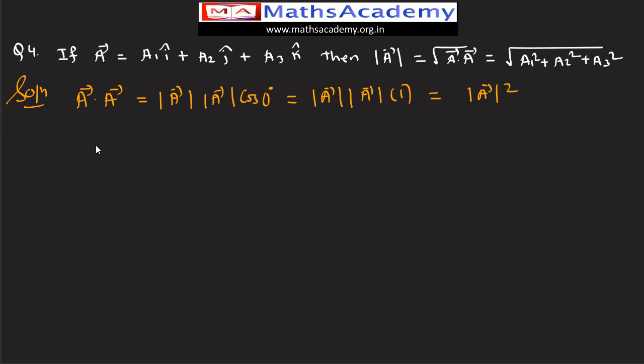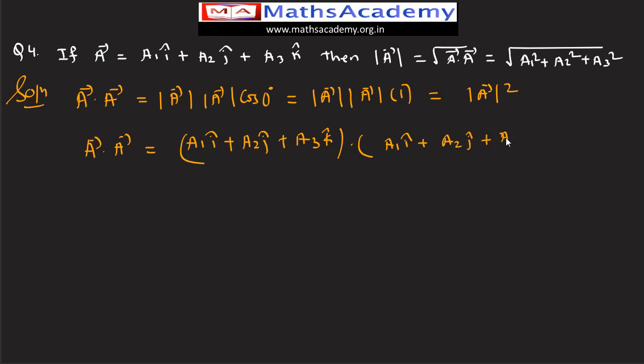Again, if I define this A vector dot A vector by the properties, it will be A1 i plus A2 j plus A3 k. Now this vector we have to take dot with again the same vector A1 i, A2 j and A3 k.